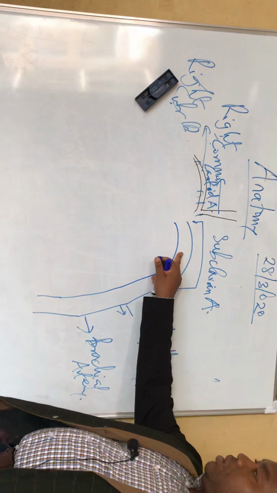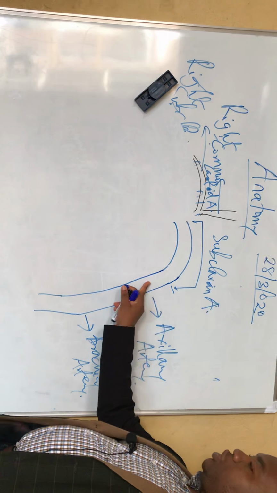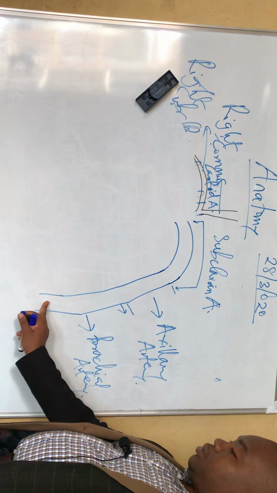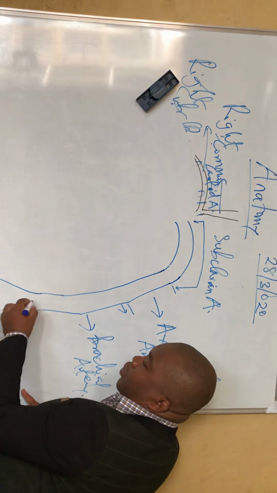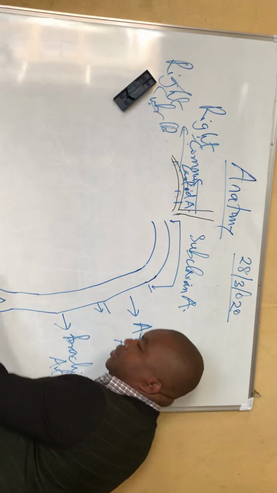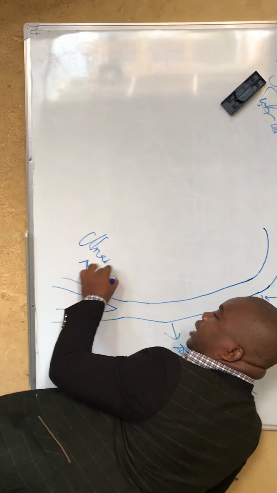When it goes into the forearm, it splits to become the ulnar artery and the radial artery. So that is the skeleton.